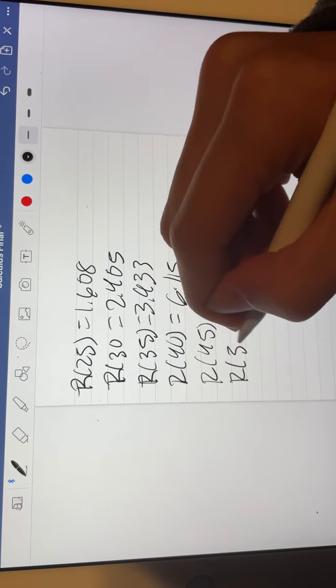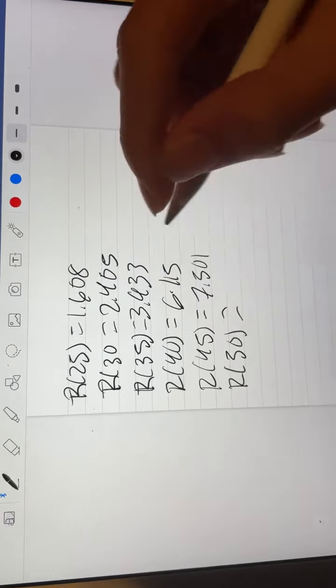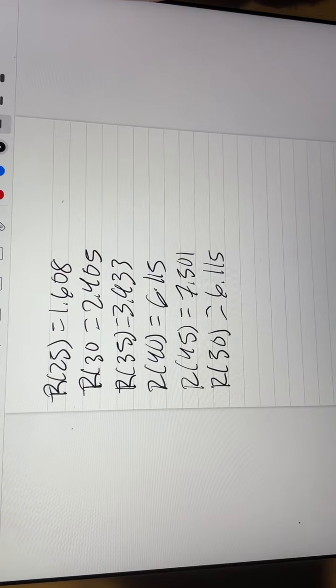And R50 would just be equal to 6.11. No, sorry, we already did that one. Where am I jumping to? Yeah, 6.115.